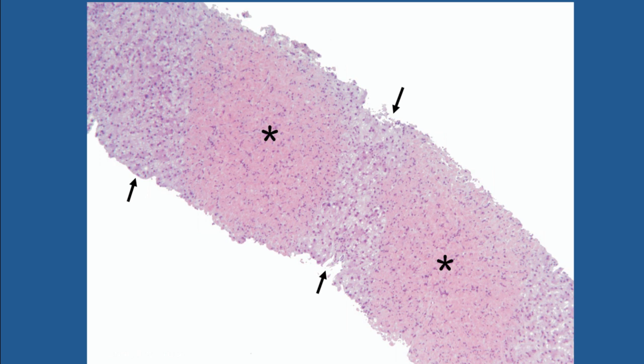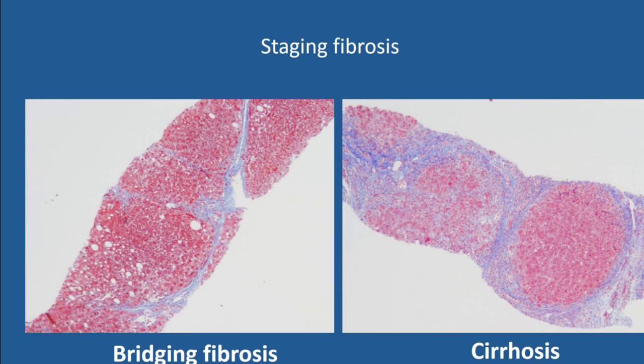So when we talk about the architecture of the liver then, and we see something like this, it's very easy because we know that this architecture is abnormal. Because we see the fibrous bands, we see bridging fibrosis, and we see here the formation of nodules, so this is cirrhosis.